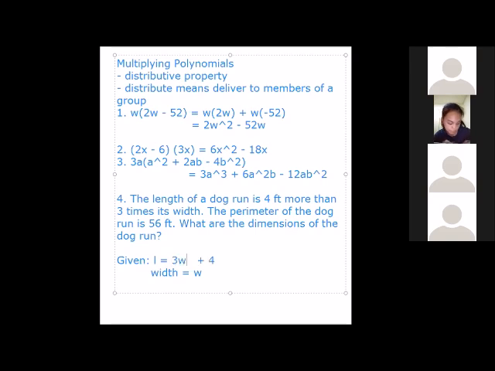Yes, 3W. Therefore, our length is 3W plus 4. Okay. Now, before I proceed to the second sentence, any question first where we get our width and length?